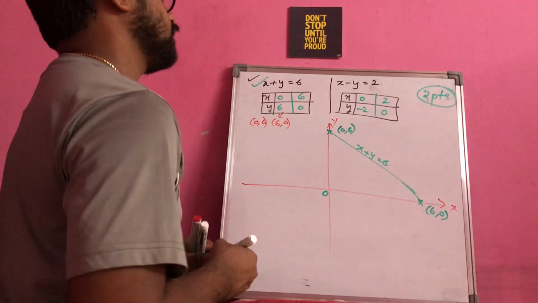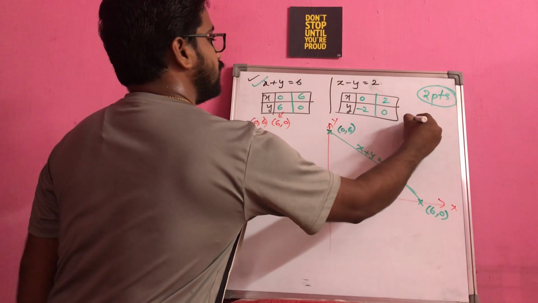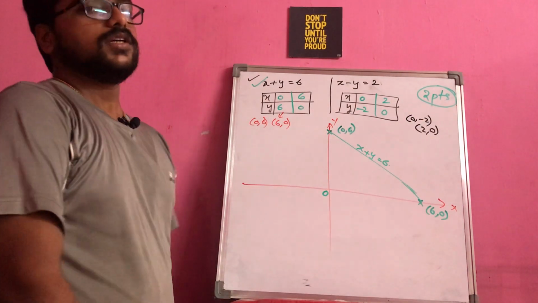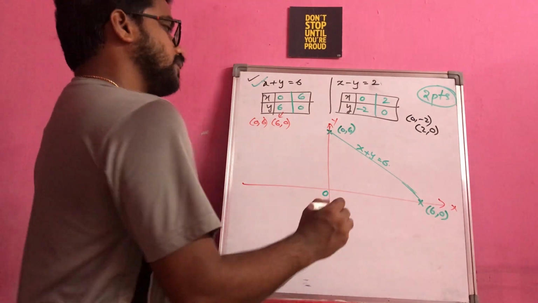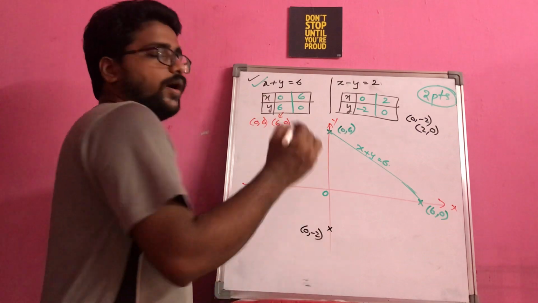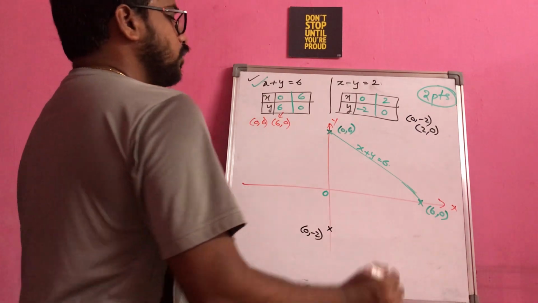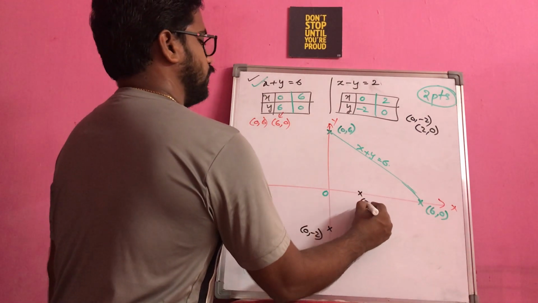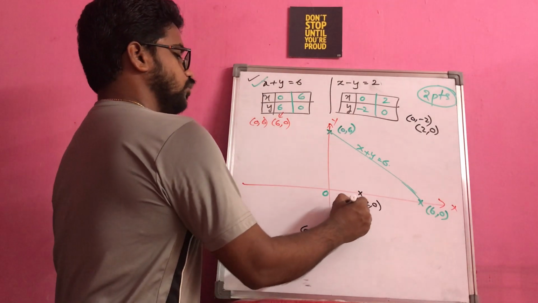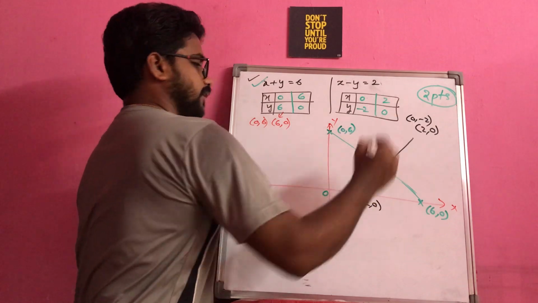Now let us come to the next point. Here the points are 0, minus 2 and 2, 0 you are having. So 0, minus 2 means it will be somewhere here on the negative y-axis, and 2, 0 is again somewhere here, right? So if you try to join these two, you will be getting a line like this.